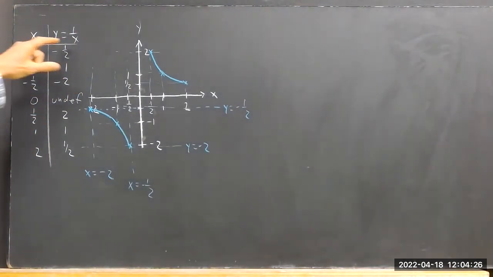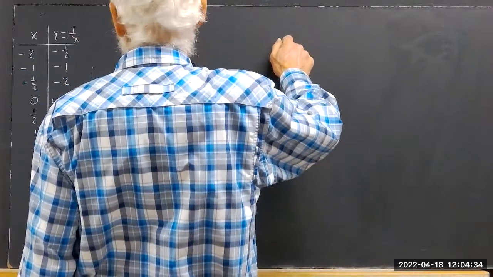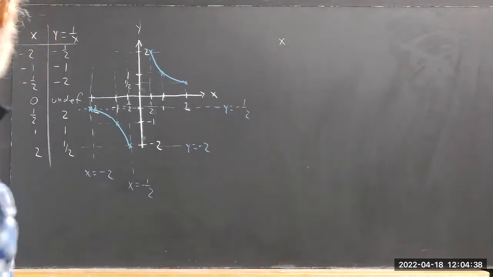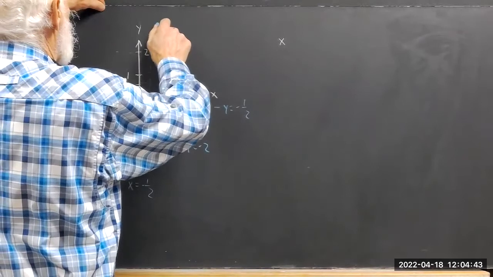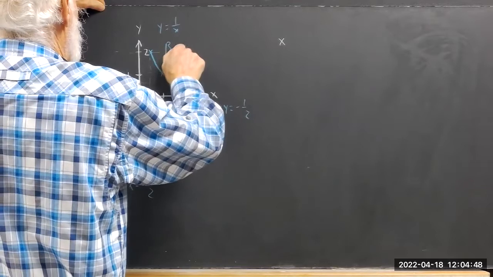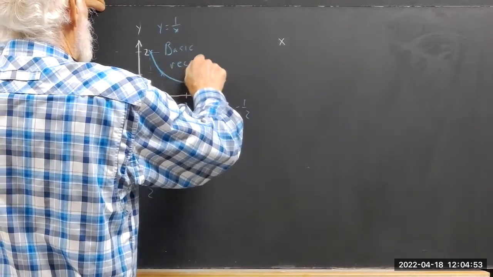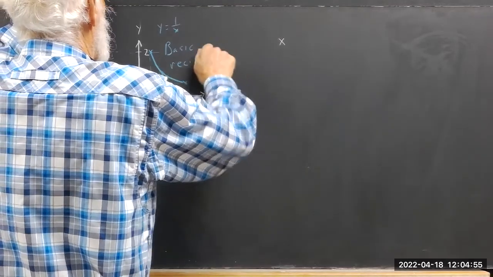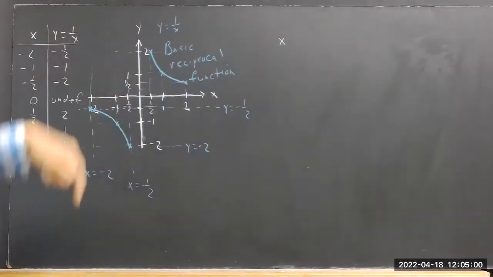Okay, so we've got this. There it is, right? Now, how about the graph of, okay, so this, let me put just a little bit of labeling in this graph. This is y equals 1 over x, and we call this our basic reciprocal function.